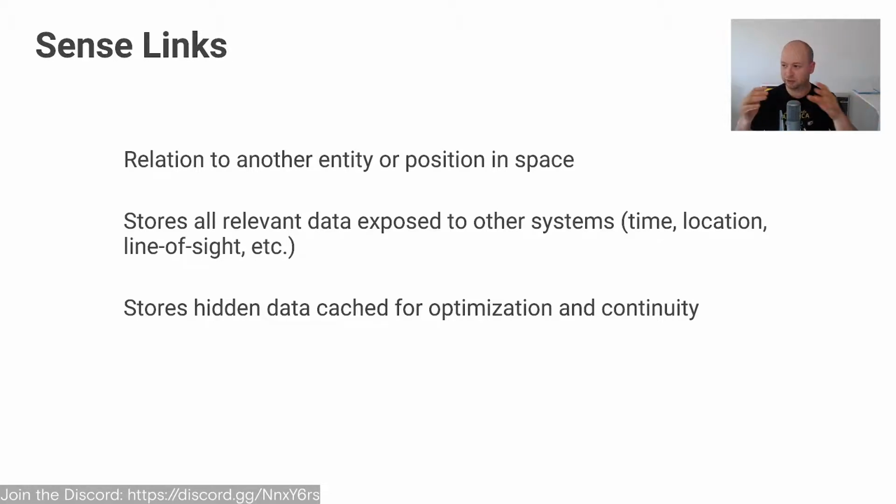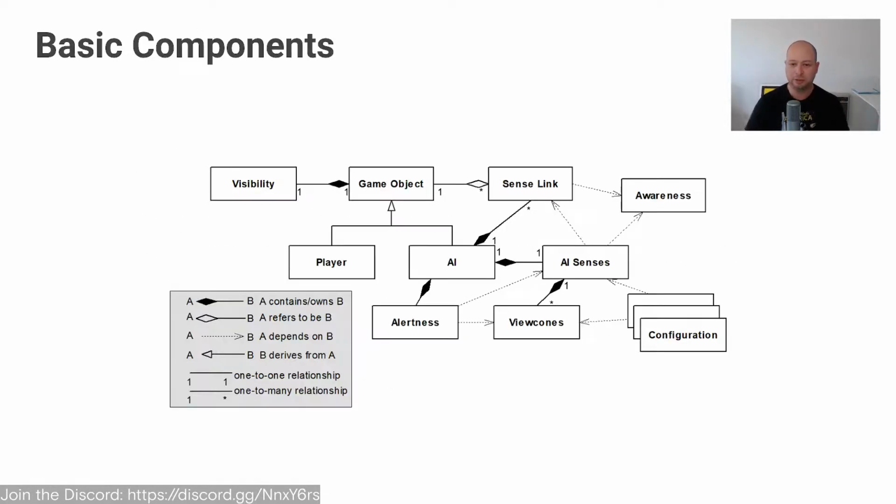The sense link is a sort of intermediary. In theory, you can imagine that instead of this line going to the sense link, it could just go to the game object, and the AI has access to every game object. That's cool, but it's pretty heavy. The game object may have lots of other systems that you don't care about. You just care about its location.